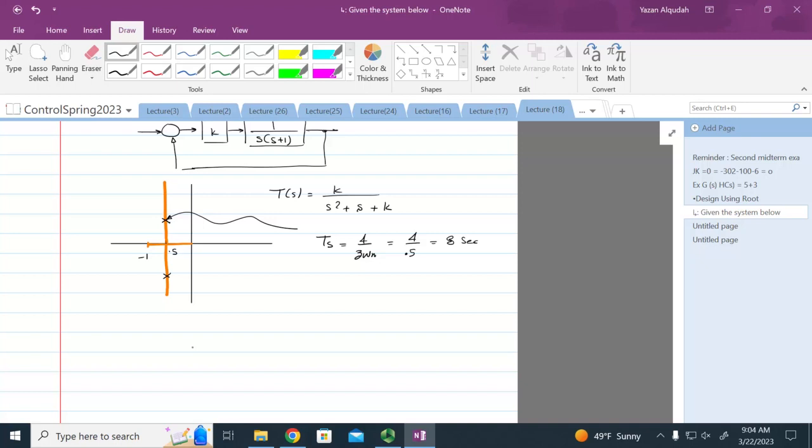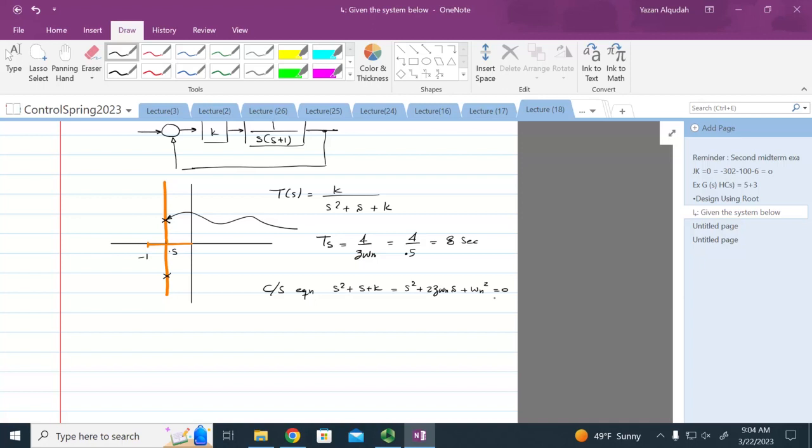Now, let's say that if I look at this characteristic equation, the characteristic equation is s squared plus s plus k, and remember this is equal to s squared plus 2 zeta omega n s plus omega n squared. Second order system. So 1 is the 2 zeta omega n, k is equal to omega n squared.